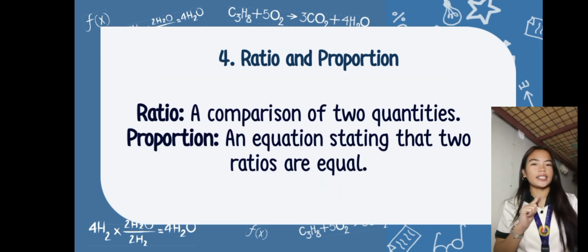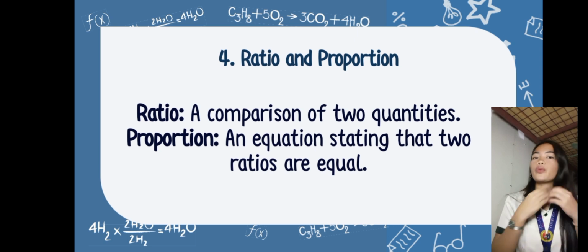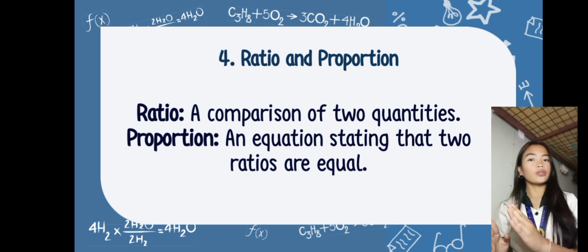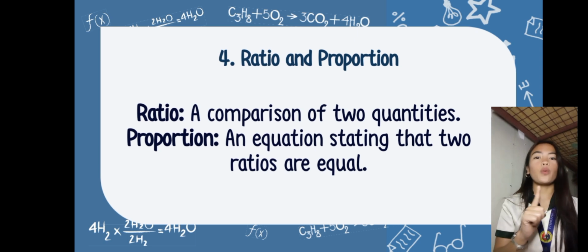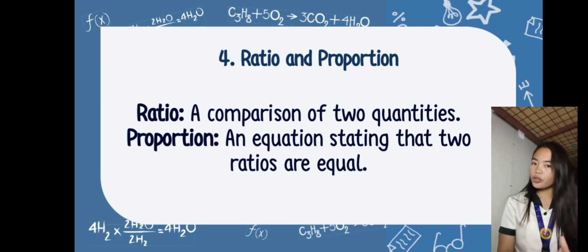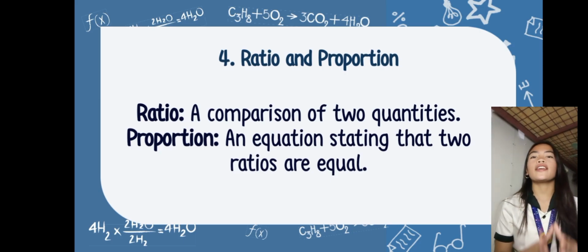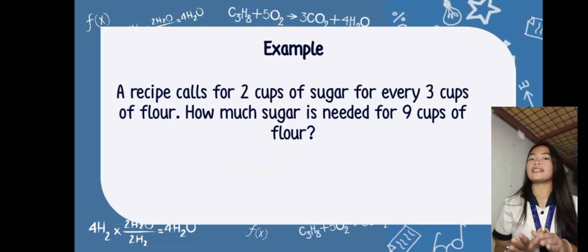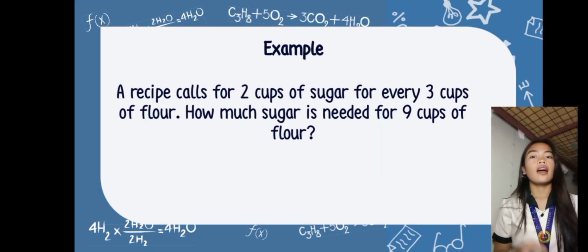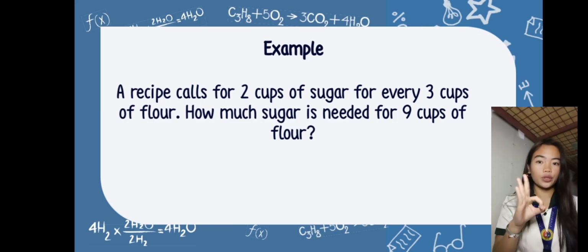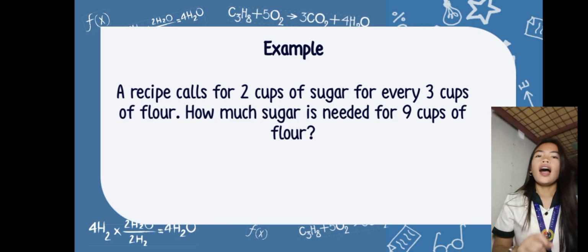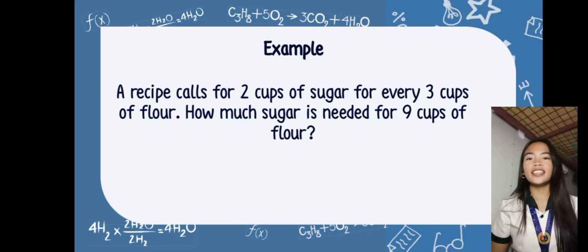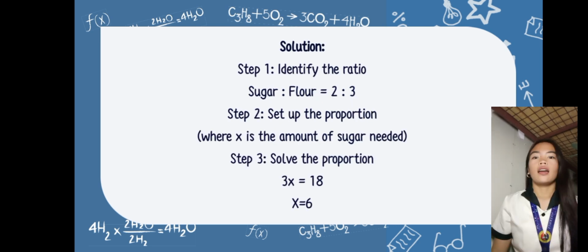Let us now discuss ratio and proportion. A ratio is a comparison of two quantities, while a proportion is an equation stating that two ratios are equal. Here is an example. A recipe calls for 2 cups of sugar for every 3 cups of flour. How much sugar is needed for 9 cups?